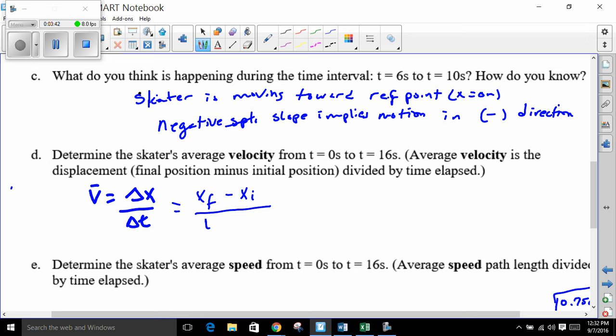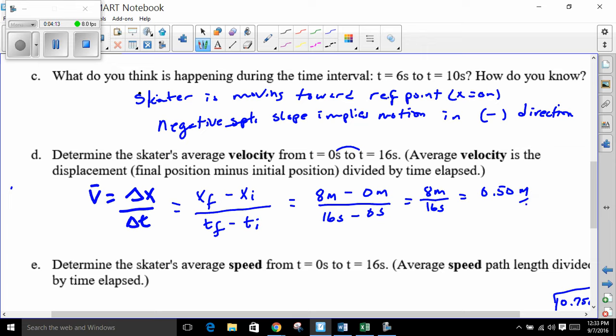So if I take it at the 0 and 16 second points here, then I've got 8 meters at 16 seconds minus 0 meters at 0 seconds, and then I've got 16 seconds minus 0 seconds. That's going to be 8 meters over 16 seconds, which is equal to 0.50 meters per second.